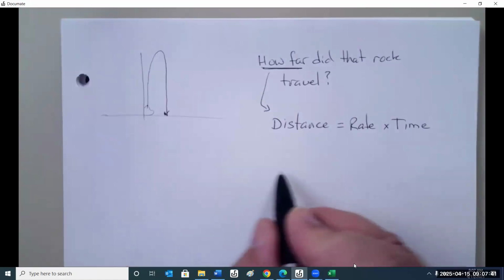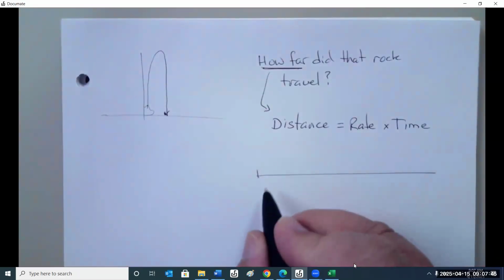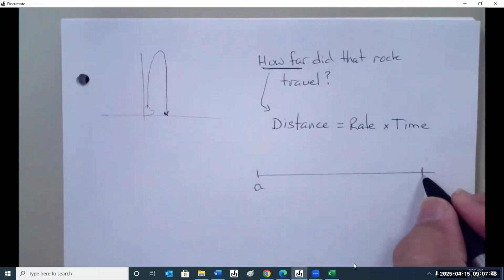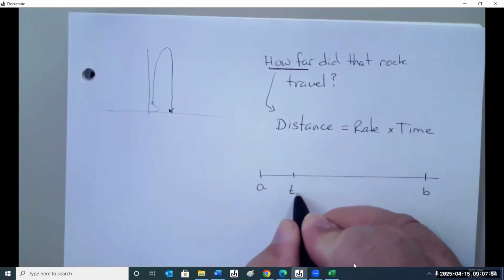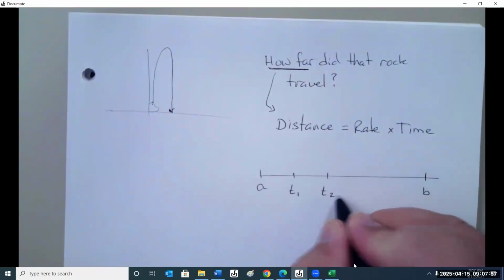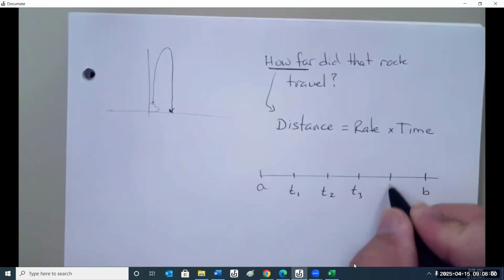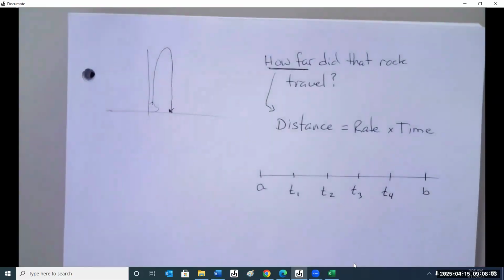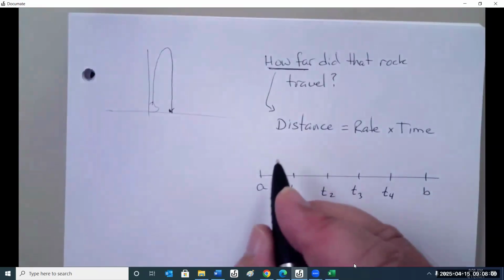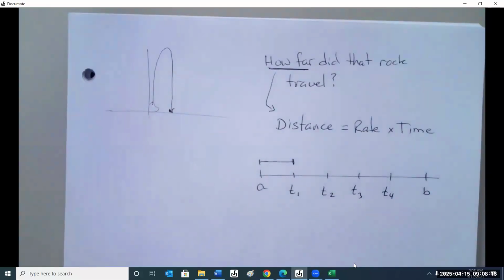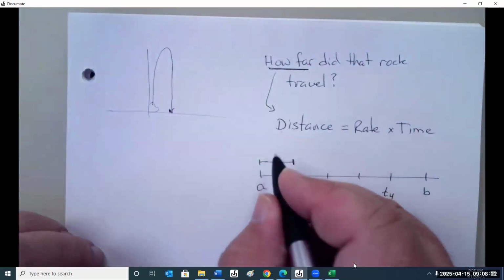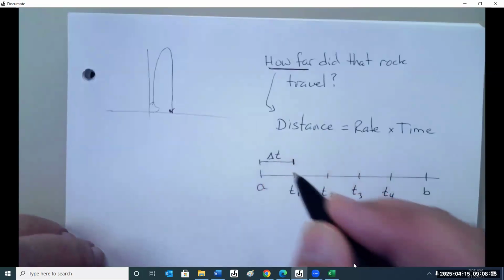So what we're looking at is something here. From A to B. If we break this up in different time intervals, the distance covered here, since it's broken up into these segments, each of these are called delta t.